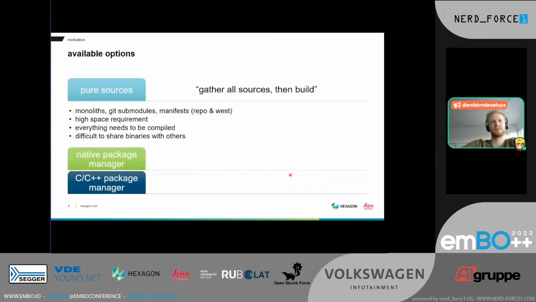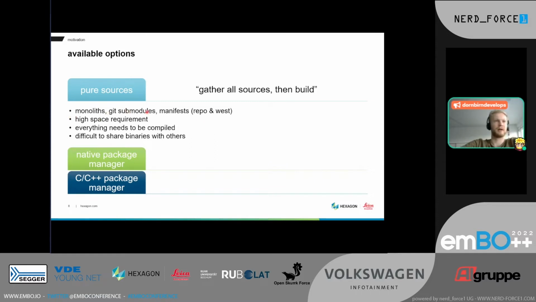Which options do we have to accomplish this goal? I would see three options for now. If you know more, keep them for yourself or let the others know later. But I see the first one and the most popular one will be the pure sources. This means that you gather all the sources and then build based on these sources.